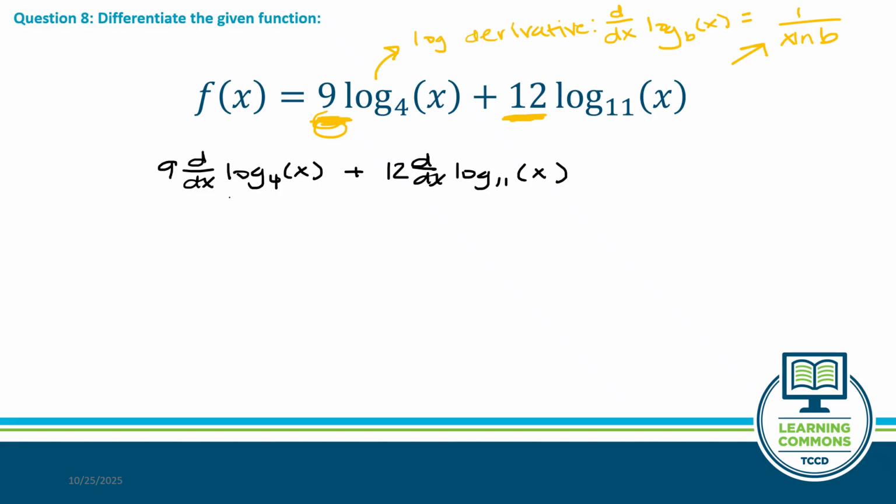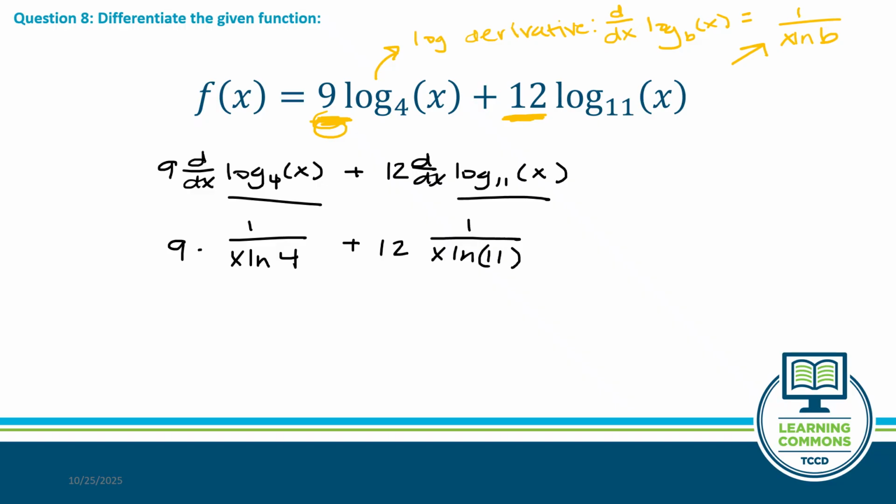So again, I'm just plugging the formula in right here. This is nothing crazy. So 9 times 1 over x ln 4 plus 12 times 1 over x ln 11, which probably should put parentheses around these just for nicety. And then, you know, make that all nice and together.